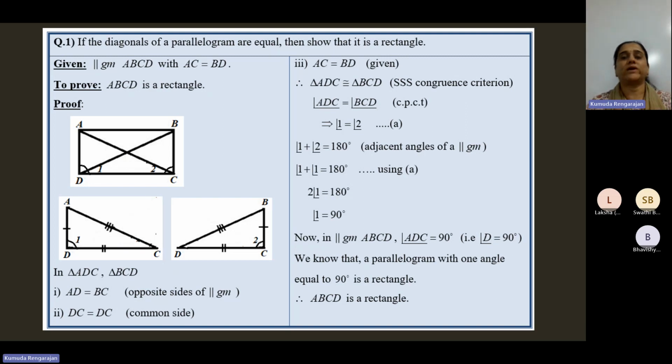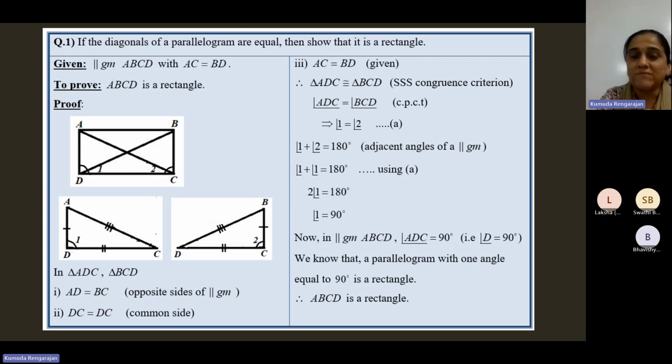My question was not vague. It was to the point because that is what is related here. If the diagonals of a parallelogram are equal, then show that it's a rectangle. So parallelogram, rectangle. In a parallelogram, opposite sides are equal. Rectangle also, opposite sides are equal.